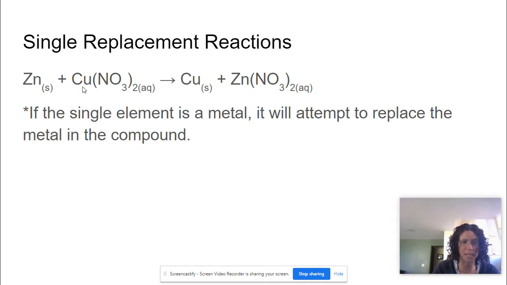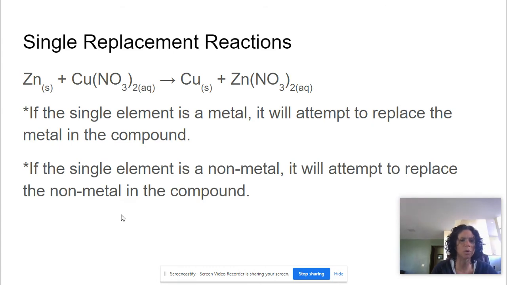So in that case, it's copper. Okay, so the zinc, the metal, will kick out the other metal. You cannot put two metals together. So we can't combine zinc and copper. One replaces the other.